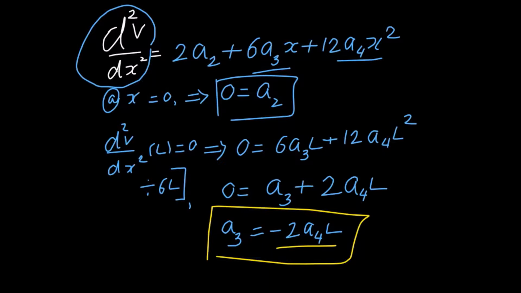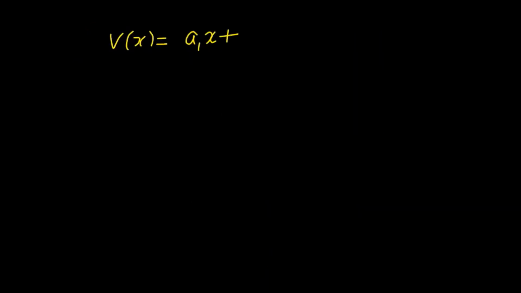I'm sorry, a naught plus a1x plus a2x squared plus a3x cubed, plus a4x raised to the power 4. So that is the modified trial solution. So all I need to know is the value of a1 and a4. Once I get the value of a1 and a4, I am done.